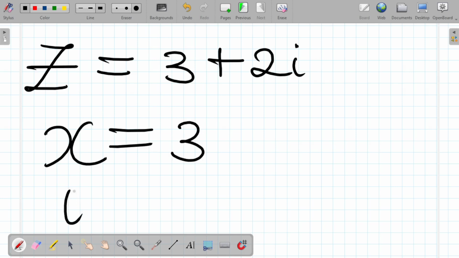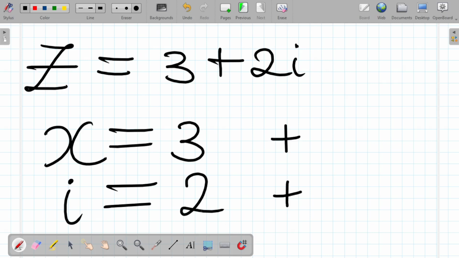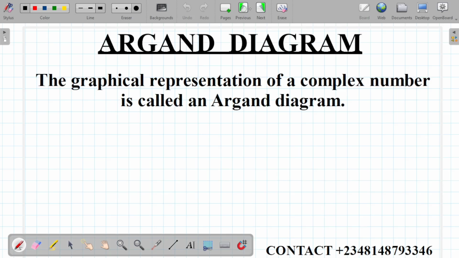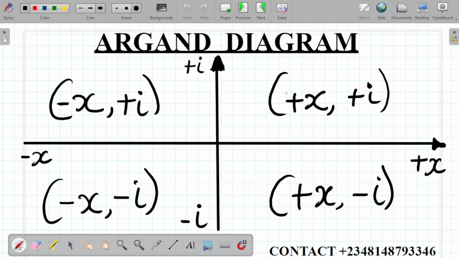And I is the imaginary part, the coefficient of I here is 2. So I is 2. You can see that I and x are both positive, so x and I are positive, so it falls within this region.